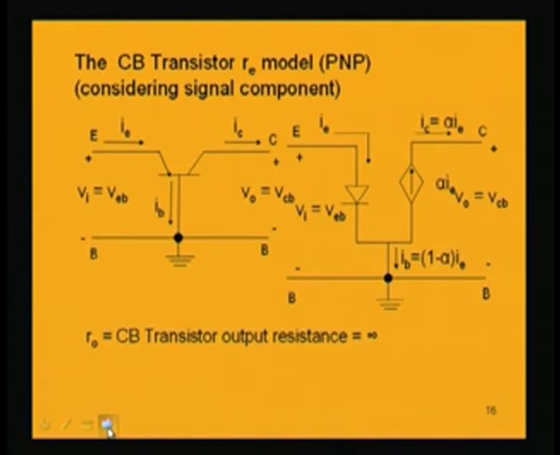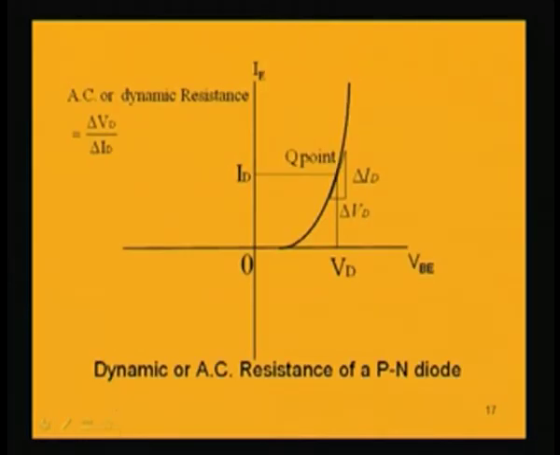So, this characteristic, we are considering a common base, so it is VEB. Emitter to base is common, input current is IE. So, this is the characteristic, diode characteristic between emitter and base junction.